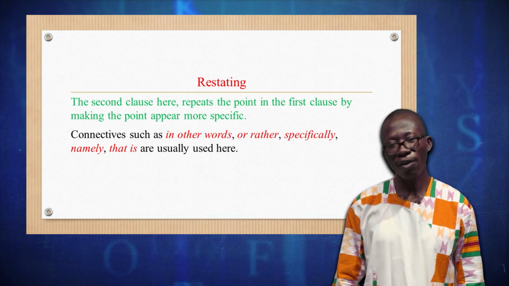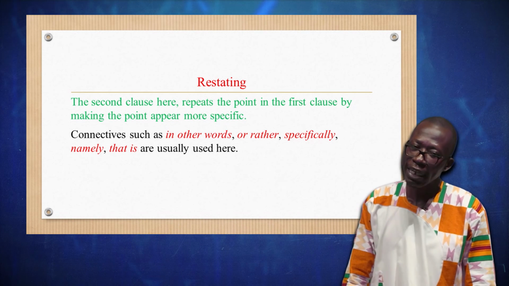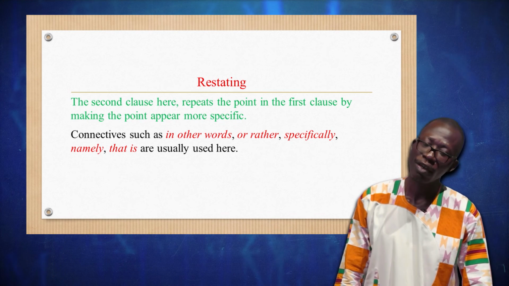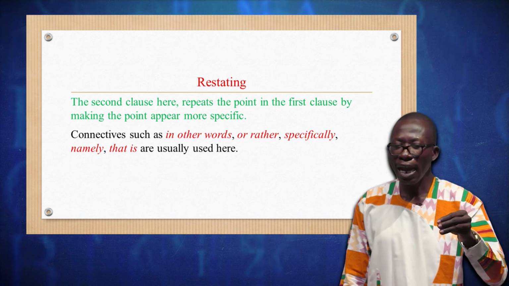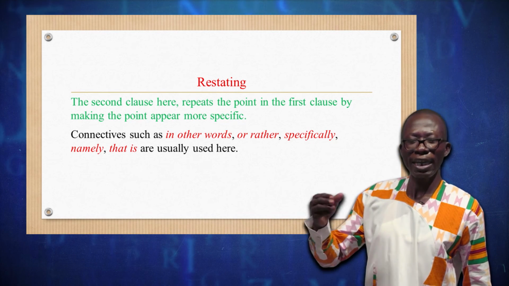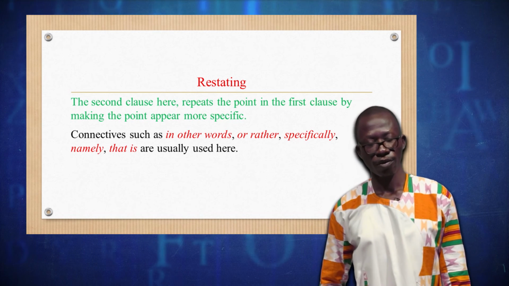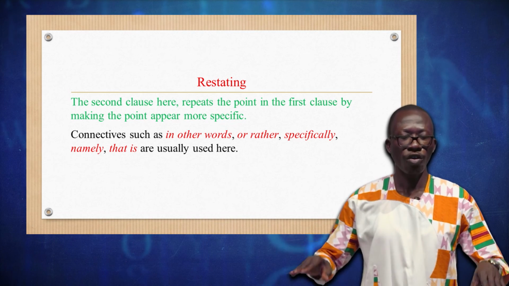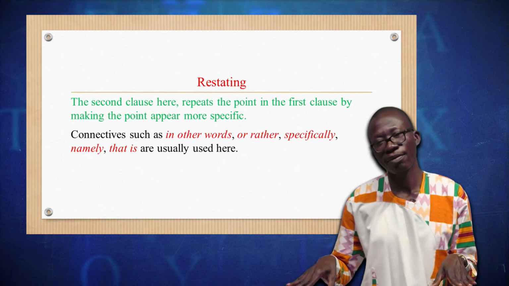Then it led us into complex sentences, where you have one or more independent clauses linking to one or more dependent clauses. So here in a complex sentence, you have both equivalency and dependency occurring at times.